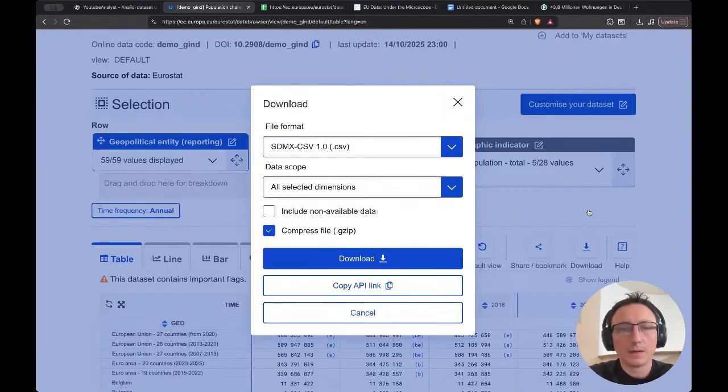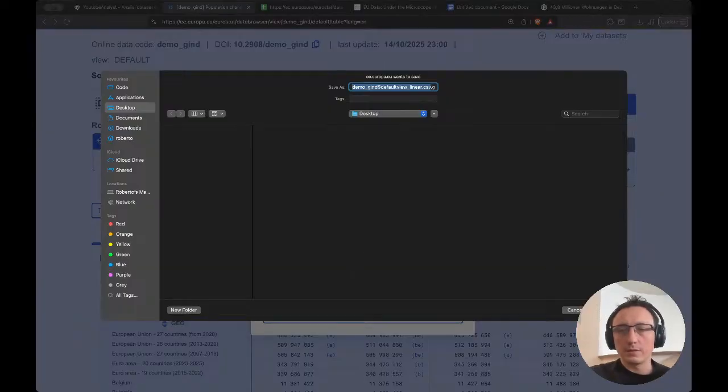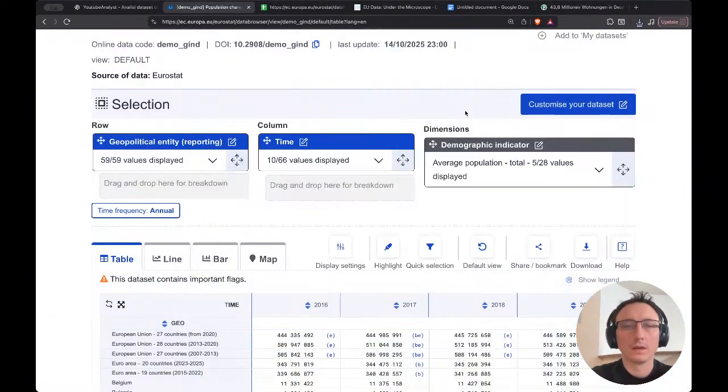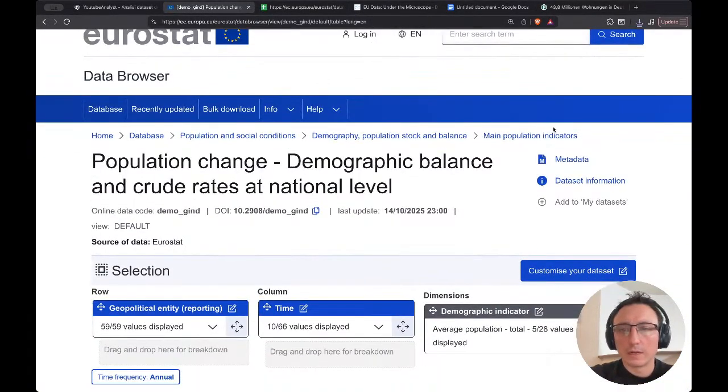I just cleaned my desktop folder so it's easier to work. Now we want to unzip, giving a proper name.